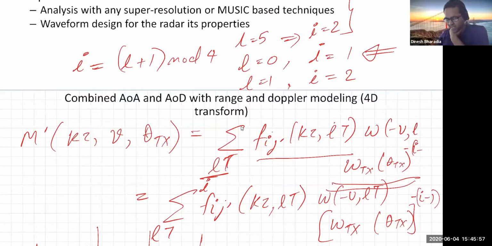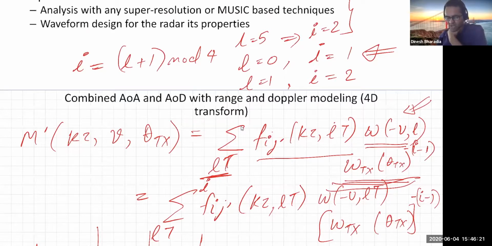As we discussed, summing over L requires you to take two things into account. One is your steering vector of omega, which is the velocity steering vector. You also need to take into account the steering vector of the transmitting antenna, with I minus 1, when you're summing over L.